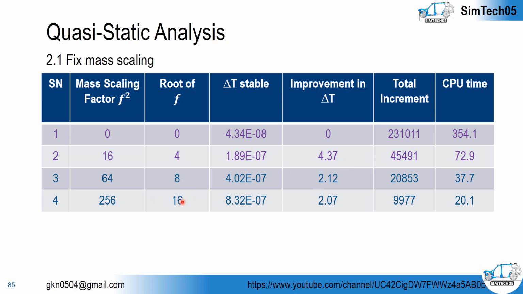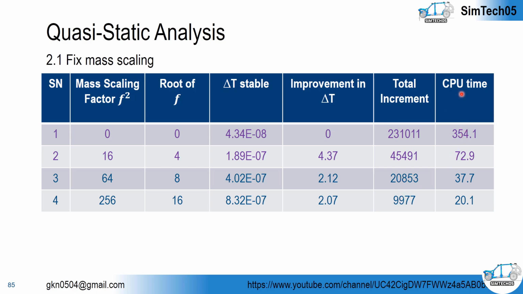Similarly, 16 by 8, the improvement is approximately 2 times. So these are the total increments, as I mentioned, 2,31,000 around 45,000. These also have a ratio same as the root factor. See, approximately 4 times the increments reduced, then approximately 2 times, then again approximately 2 times.